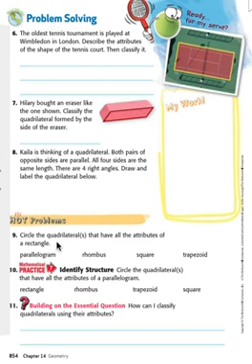Okay, number 9, it says circle the quadrilaterals that have all the attributes of a rectangle. Well, first of all, we have to recall what are the attributes of a rectangle. The characteristics are both pairs have equal lengths. Both pairs are parallel, and there are 4 right angles. So we need a figure that has both pairs of the same length, both pairs are parallel, and 4 right angles.